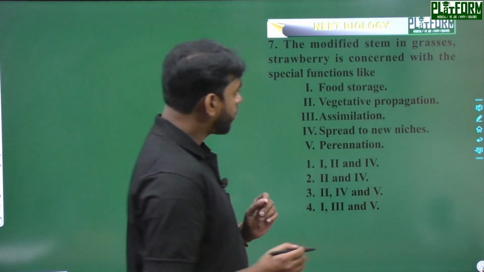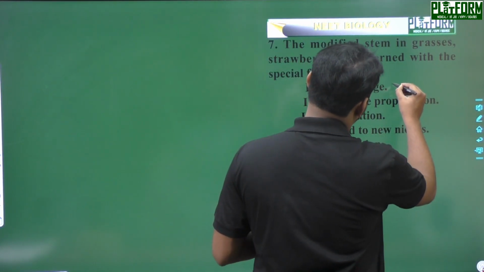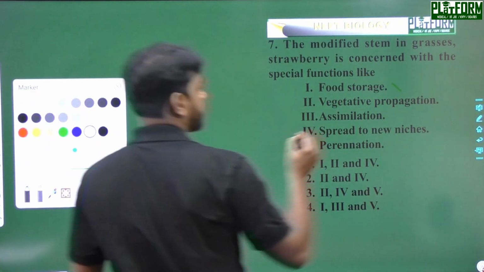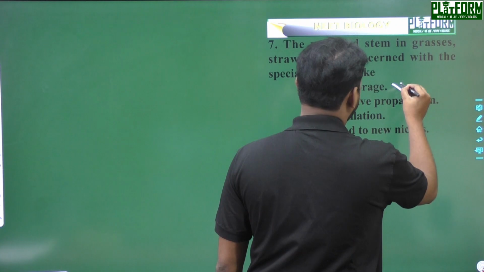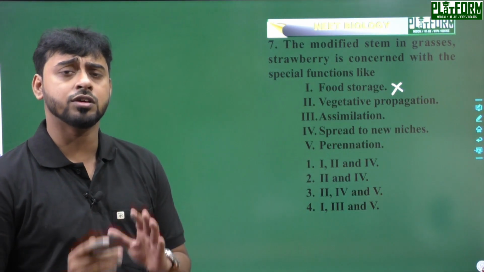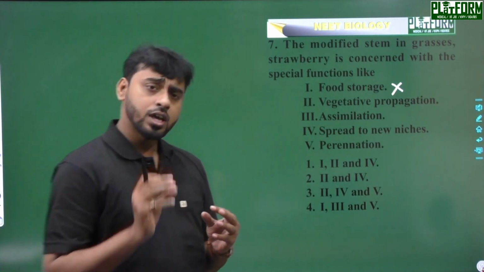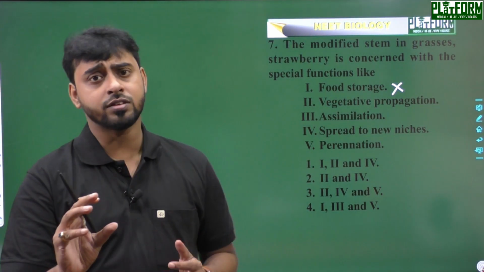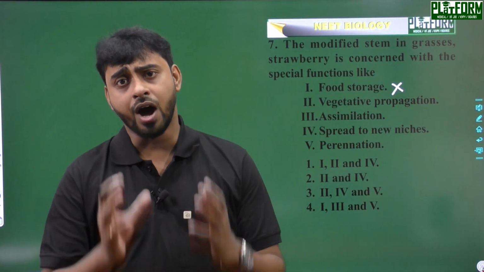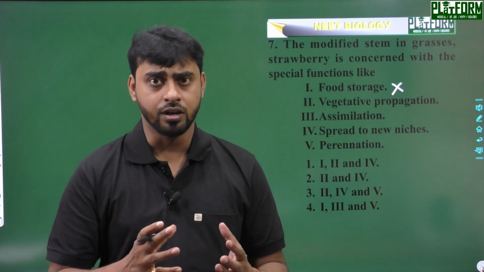So, the runner is not at all involved in the storage of food, because if a particular part of the stem is involved in the storage, that particular part gets swollen.